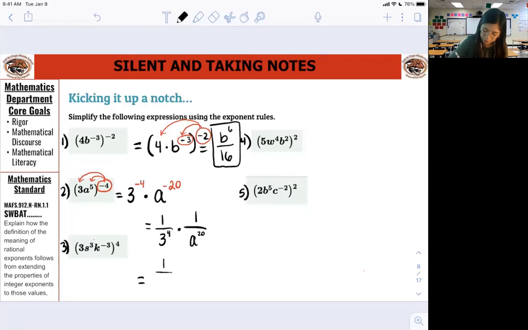So I have 1 over 81 times 1 over a to the power of 20. Final step is I'm just going to multiply these together straight across. 1 times 1 is 1. 81 times a to the power of 20 is 81a to the power of 20.